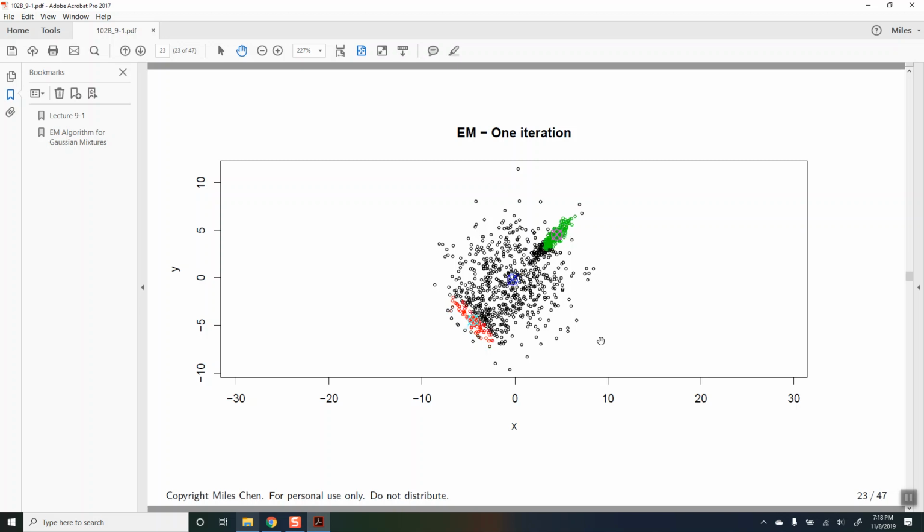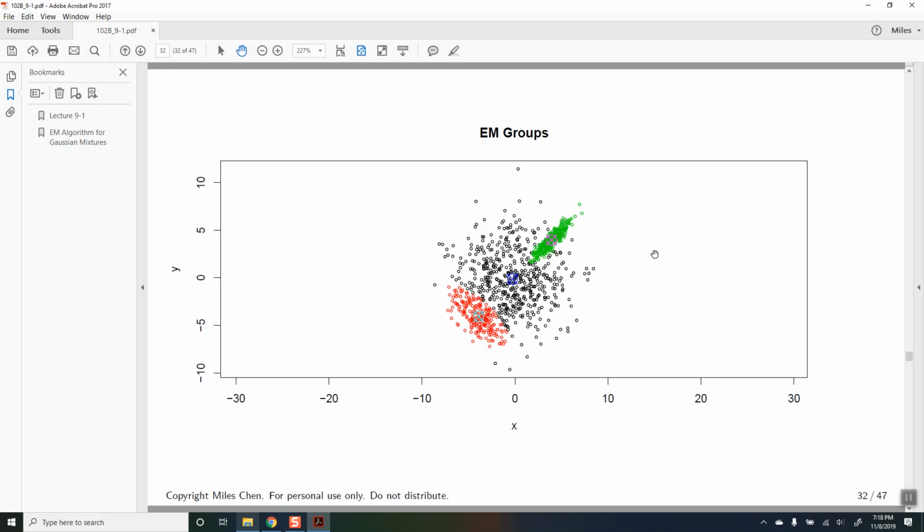I'm going to show how the coloring goes. After running the algorithm for several iterations, this is where it converges, and it seems like it has recovered the original clusters fairly well.